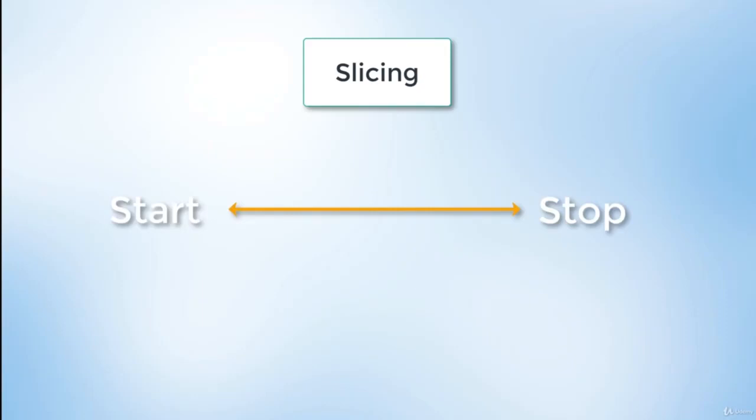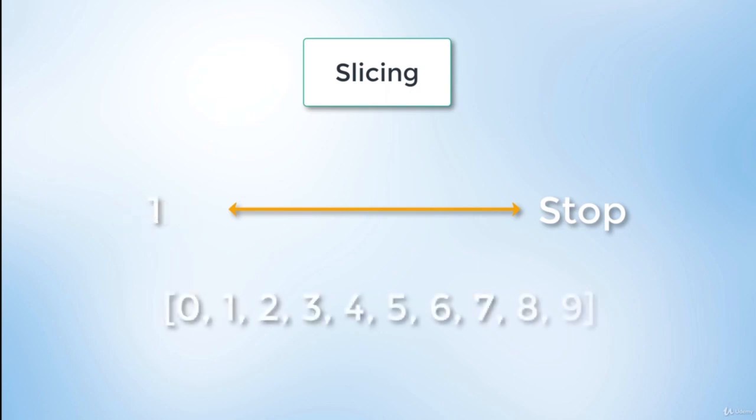For example, if I specify the integer as 1, it will start slicing the list at index 1. The stop integer specifies the index until which we want to stop slicing. If I specify a stop integer of 8, as soon as it reaches the 7th index in the list, it's going to stop. Notice how I said the 7th index, not the 8th index.